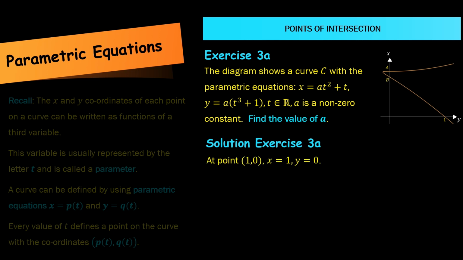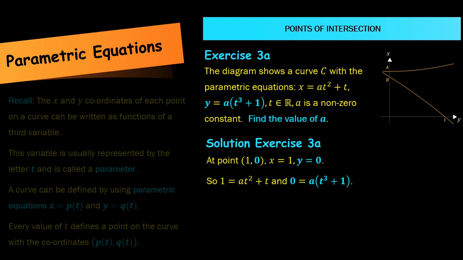Now at the point 1, 0, we have that x equals 1 and y equals 0. And therefore, if we plug into the equations that we have for x and y, we obtain 1 equals at squared plus t and 0 equals a times t cubed plus 1.